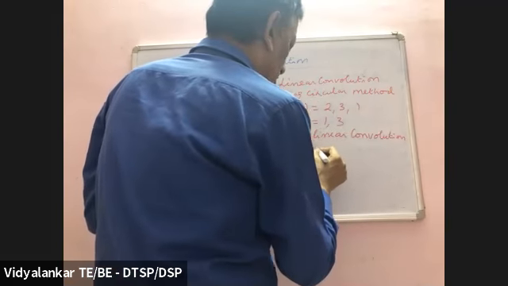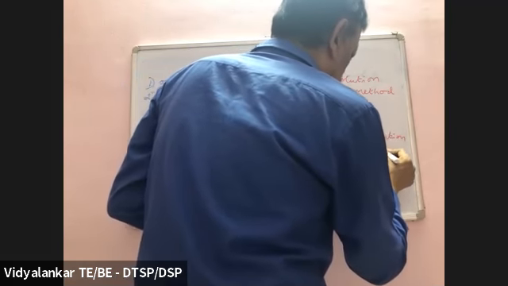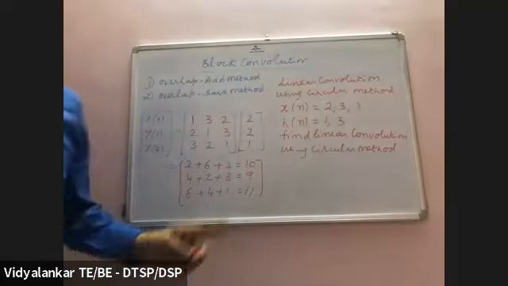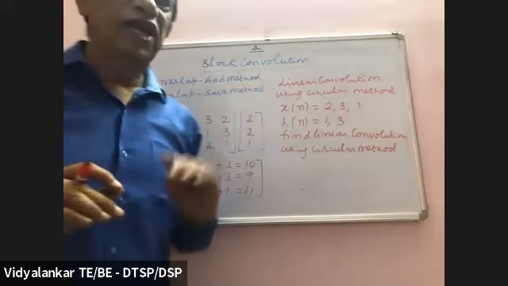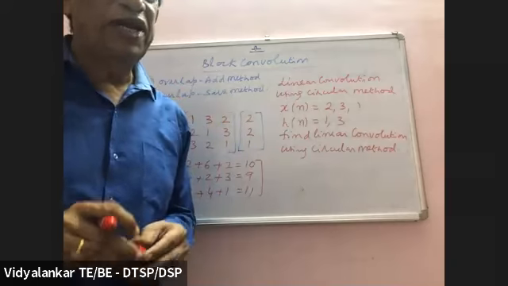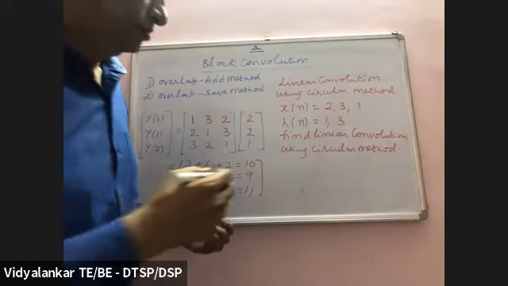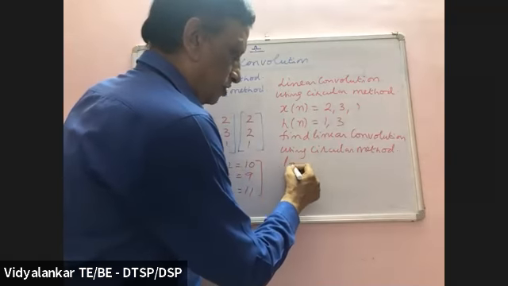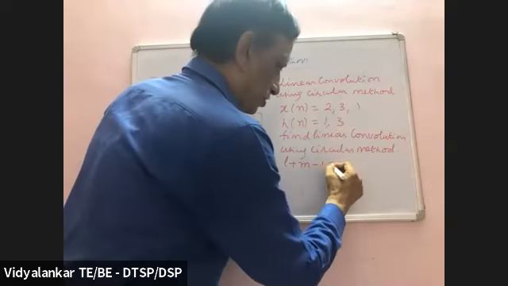These are not periodic signals, so we can apply only linear convolution. If we apply linear convolution, how many outputs can we get? What is the length of x? 3.